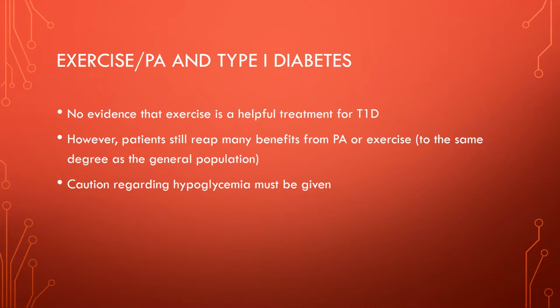So they need to be very careful about letting blood sugar get too low. Most type 1 diabetics take insulin, and so they may need to take less insulin before they exercise. And this can be a fairly complicated process to figure out how much insulin and the dosage when they're going to be physically active. But it's very important that they are able to be physically active.